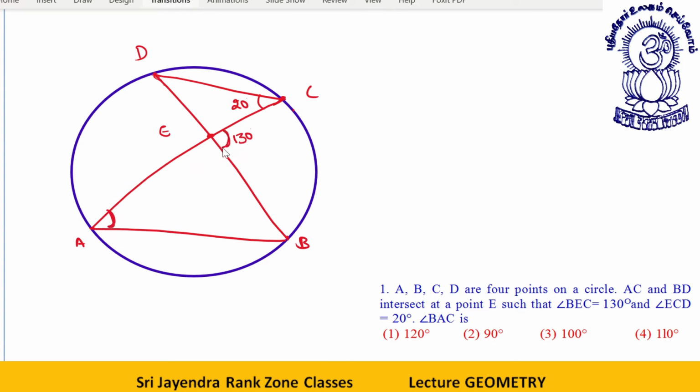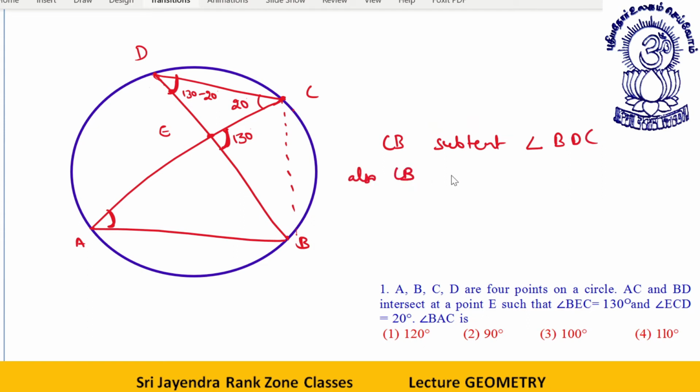How come? Look, this angle is 130 degrees. This 130 degrees will be equal to the sum of these two. If this is 20, this will come out to be 130 minus 20, 110 degrees. Now CB is the chord that subtends angle BDC.